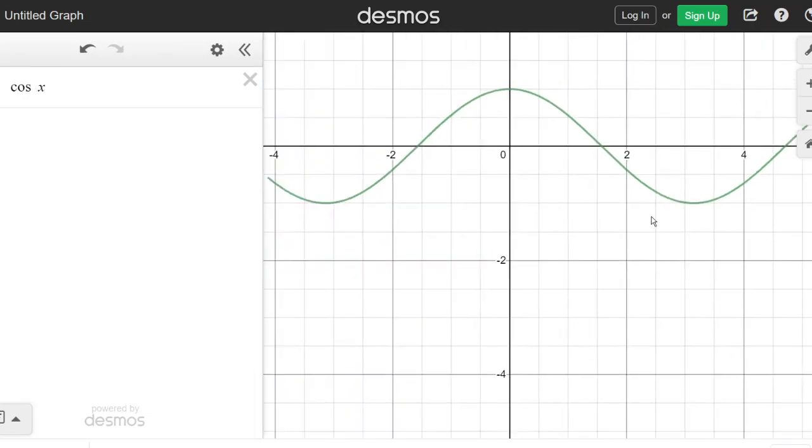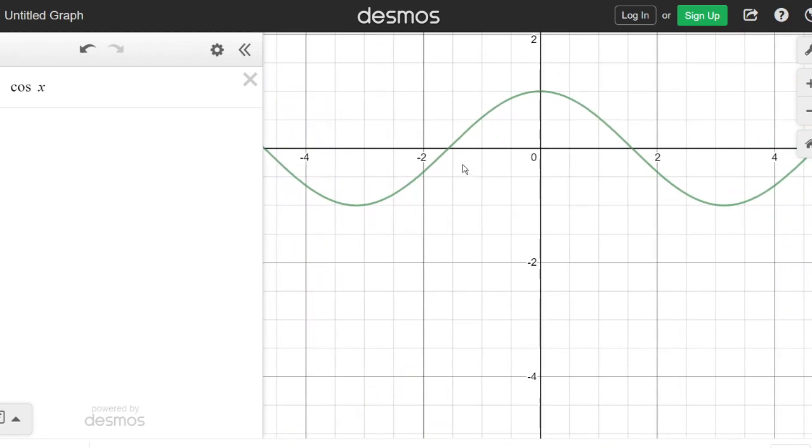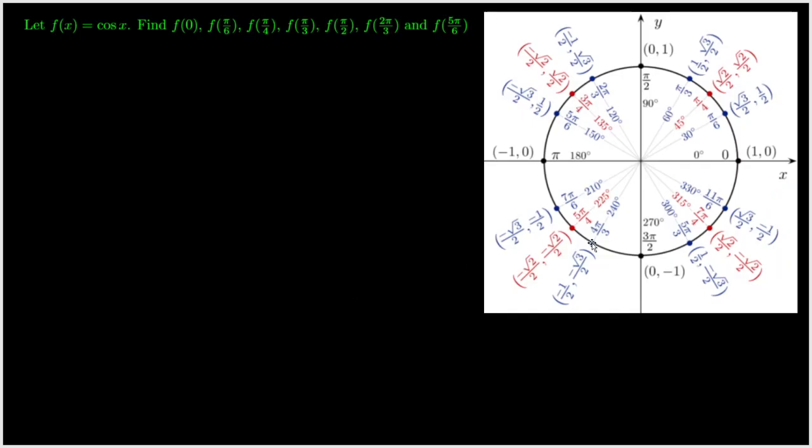I think I really like this. Then I will show you a better way to sketch the graph of cos. I mean, I'm trying to label the horizontal axis using multiples of pi.